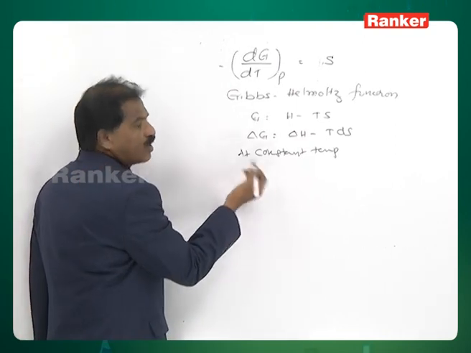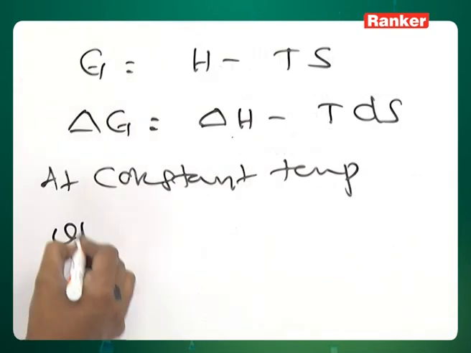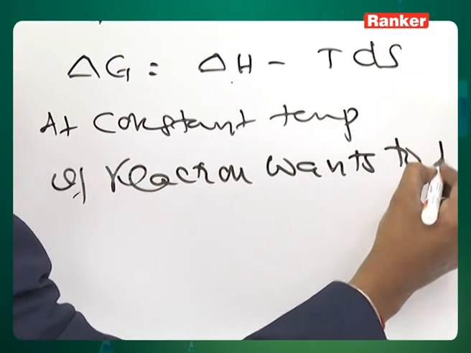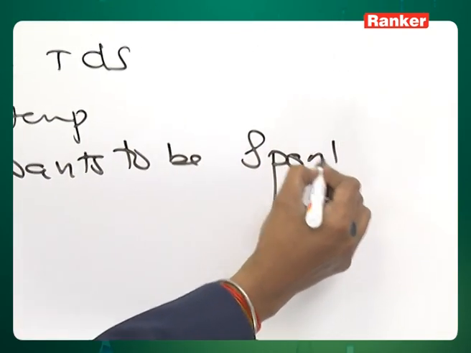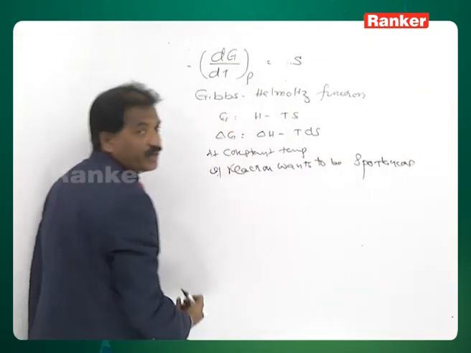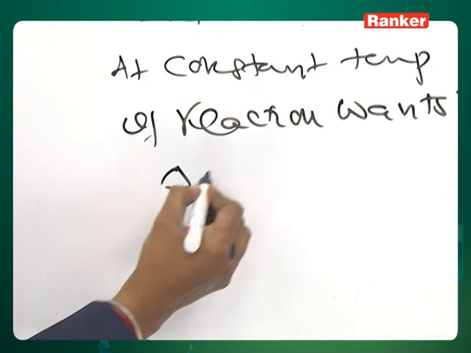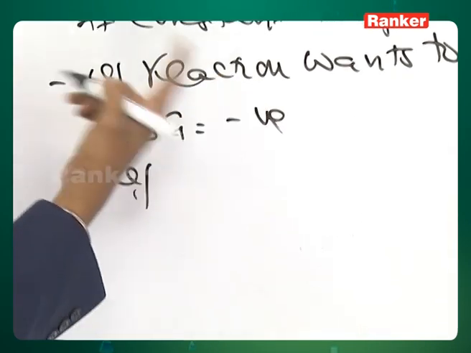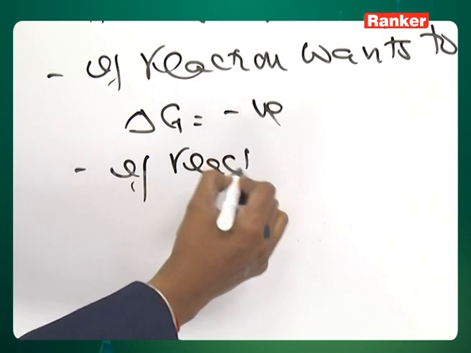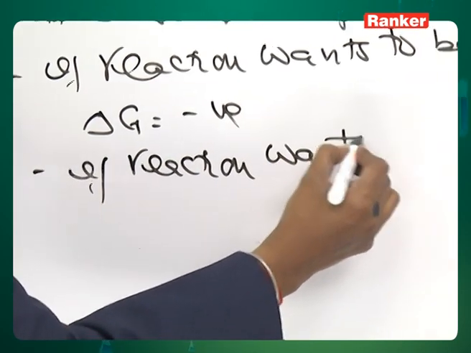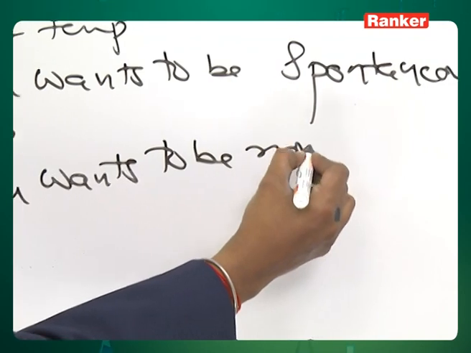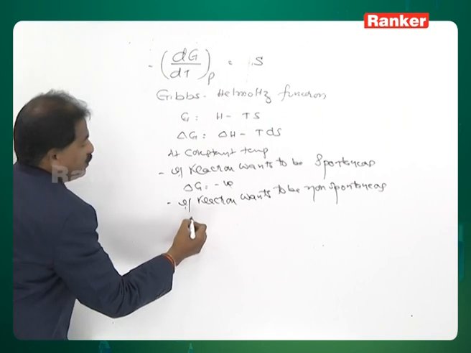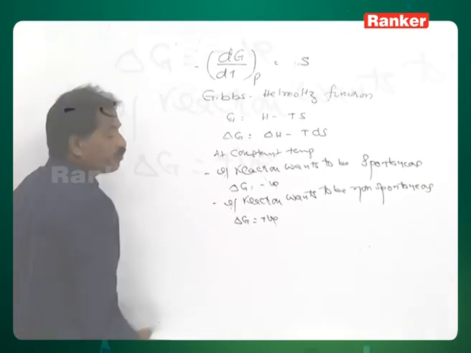See, if a reaction wants to be spontaneous at constant temperature, dG must be negative. Next, if a reaction wants to be non-spontaneous, dG must be positive.